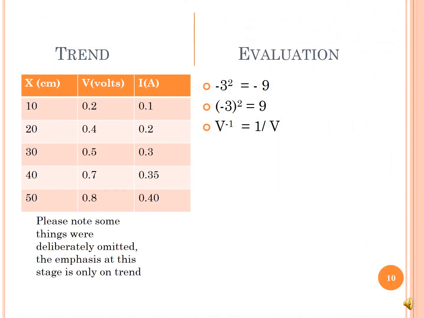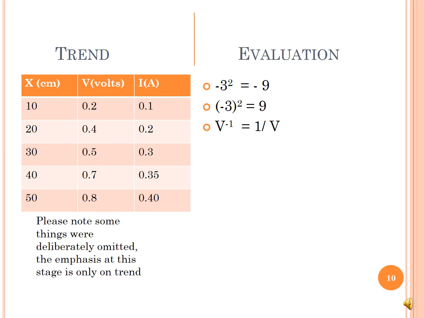Under trends, what does trend talk about? Every formula in physics follows a particular pattern. We have our x in centimeter, our voltage in volts, and our current in ampere.